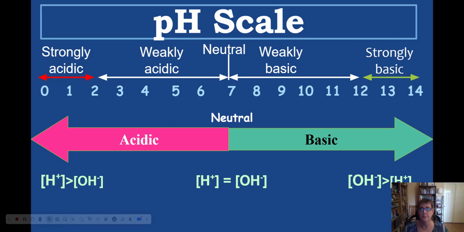When we're acidic, that means the concentration of hydrogen ions is greater than the concentration of the hydroxide ions. Those brackets around the H plus and the OH minus mean concentration of. So this means concentration of H plus is greater than concentration of hydroxide.